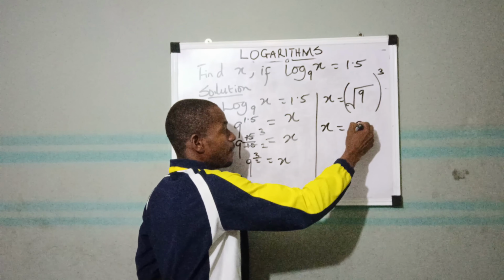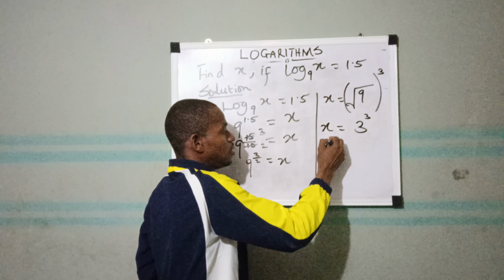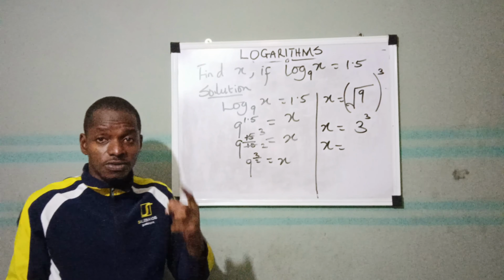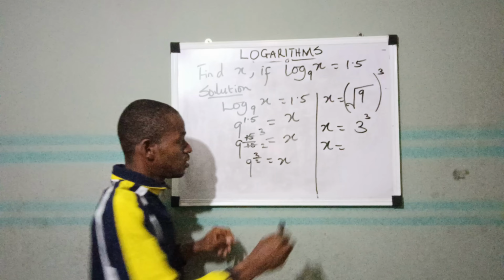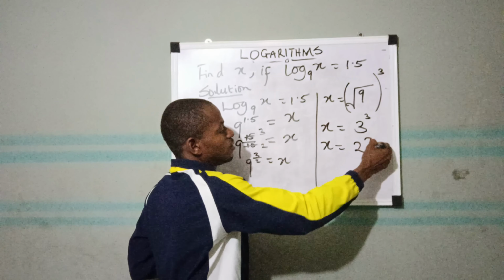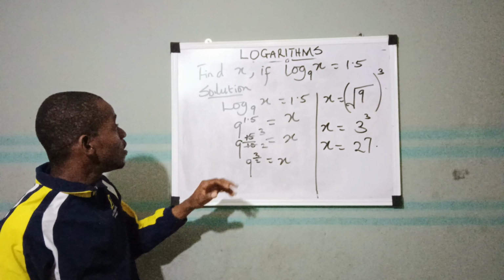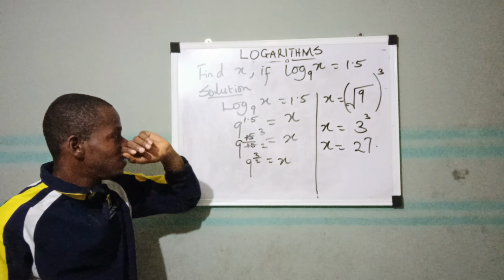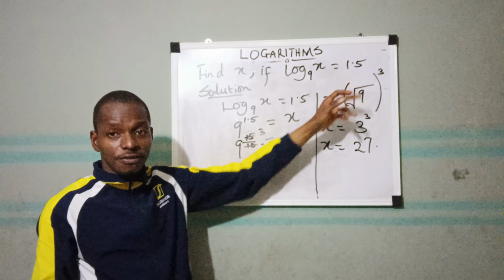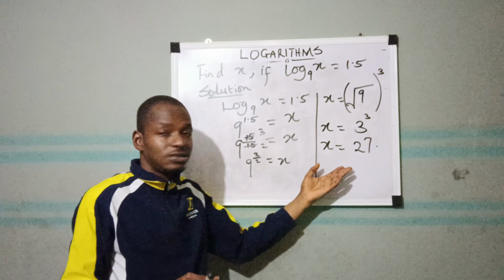So this is 3 raised to the power of 3. 3 raised to the power of 3 is 3 times 3 times 3, which is 27. So 27 is the value of x. So 9 raised to the power of 1.5 will give us 27.